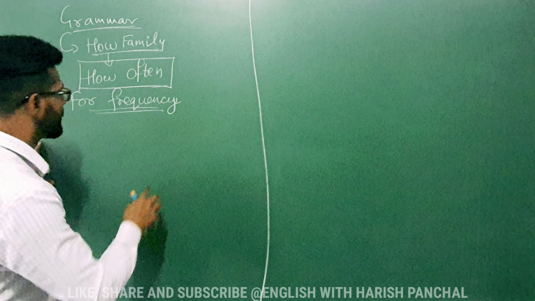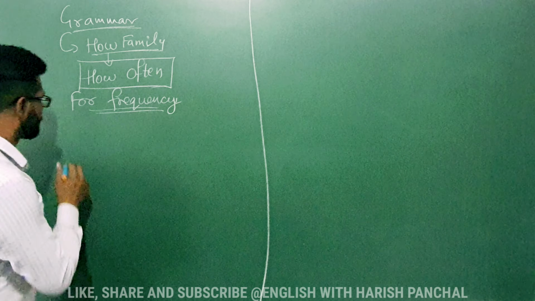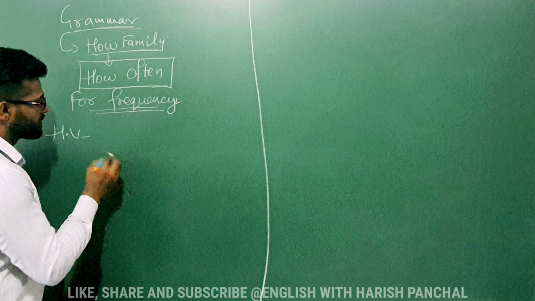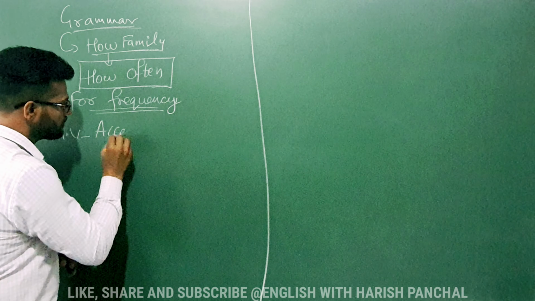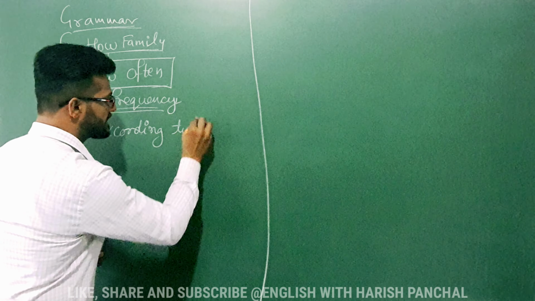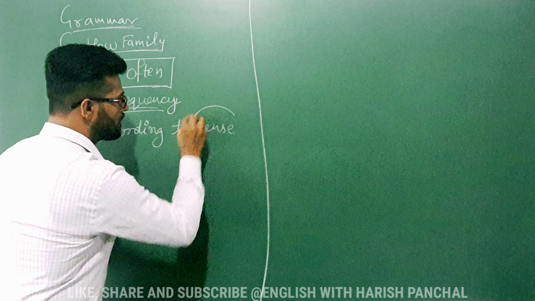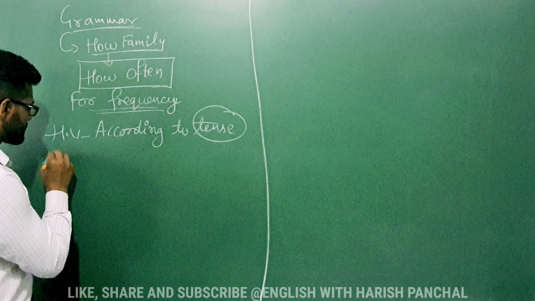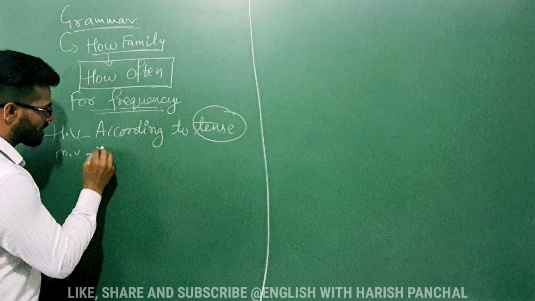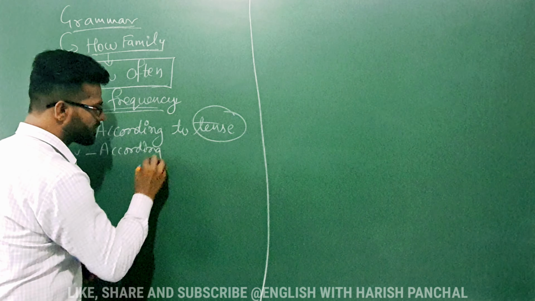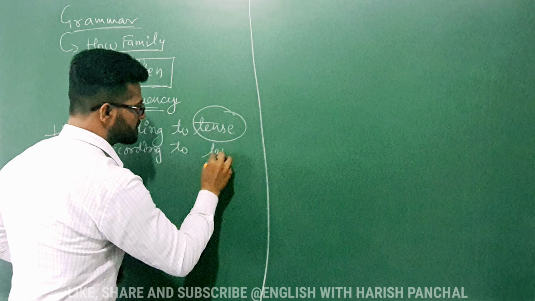When you make a sentence with how often, your helping verb will be according to tense. We have completed tenses, so the helping verb will be according to the tenses.